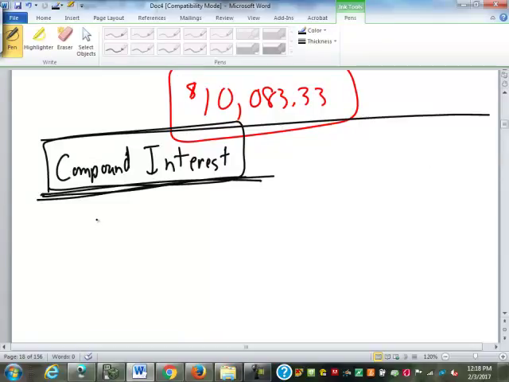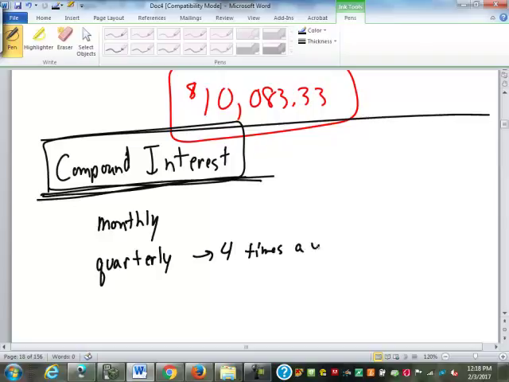So that might be done monthly. So it's done once a month. That's probably the most common anymore is monthly. Quarterly used to be the most common. That's 4 times a year, or every 3 months. Biannually, meaning twice annually.